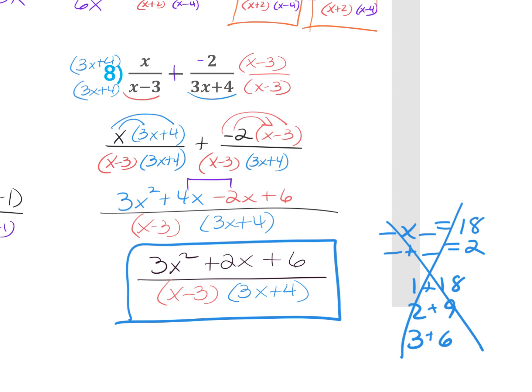If not, you just leave it with the trinomial over the two binomials. Now, keep in mind on an SAT, they may FOIL that denominator and leave it with a trinomial on top of a trinomial. However, for your test and for WebAssign, leave it factored. Don't FOIL it out.